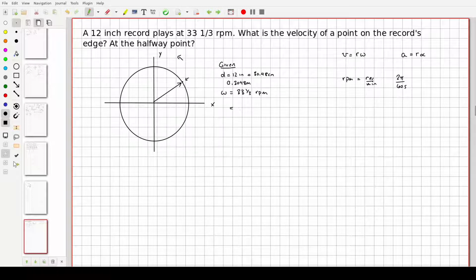So 33.33 RPM, noting the fact that there are 2 pi radians for every 60 seconds in 1 RPM, gives us, let's see here.